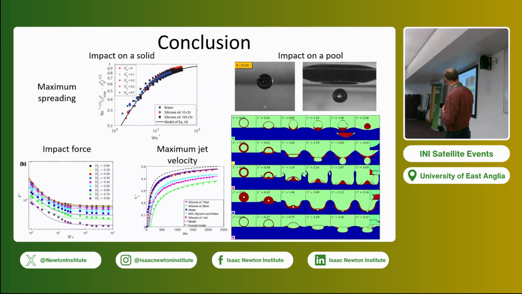So these are the different aspects that we looked at for the impact of a drop containing a bubble. We looked at the maximum spreading, the impact force, and the encapsulation of the bubble for the impact on a pool. We also looked a bit at the velocity of the jet for different conditions.